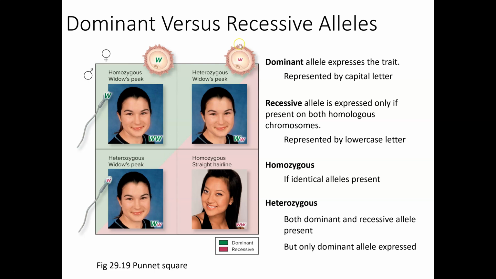So you look at what's on top of the square and what's on the left from the dad, and you write this. This is another scenario: the offspring will be heterozygous. Then for this square, you get this type of oocyte from mom and this type of sperm from dad, so you also end up with a heterozygous genotype.